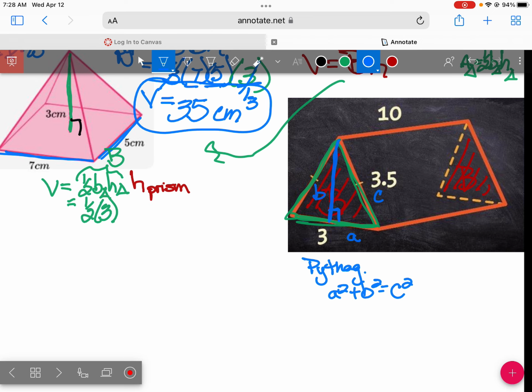Now, the fact that they are showing us that these two sides are the same means that this height coming down the center is going to split the opposite side in half. So what is half of 3? 1.5, yeah. So that side's 1.5 and this side is 1.5.